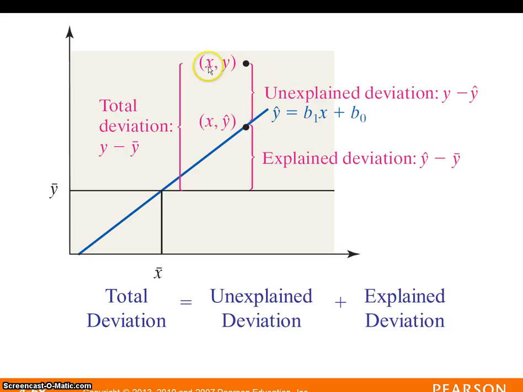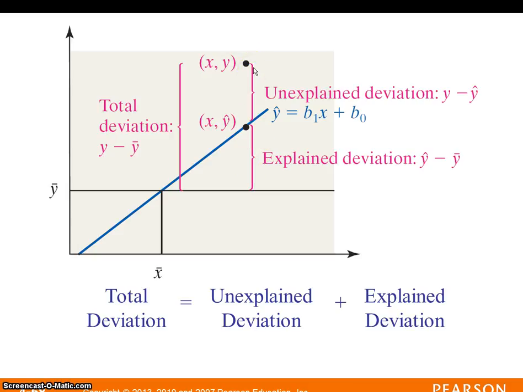Again, this is the total variation. If you have a regression line, the total variation is the difference between the average and the actual data point, and the explained deviation is the difference between the average value and the regression line. The regression line tells you what you should get, and this is the actual value that you do get. So this is explained by the regression line, and this is the unexplained deviation.